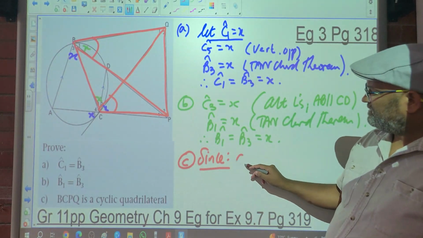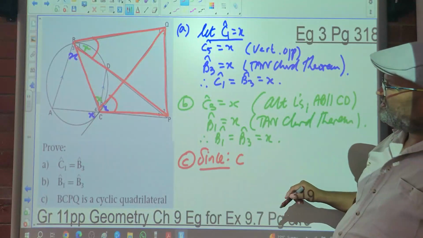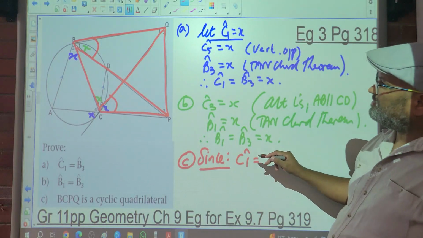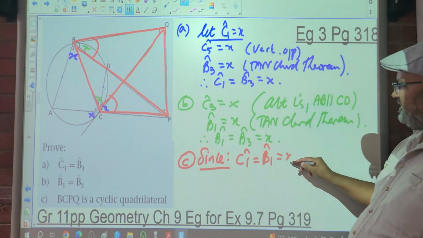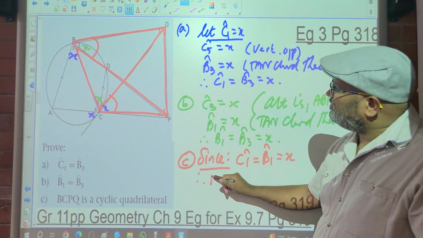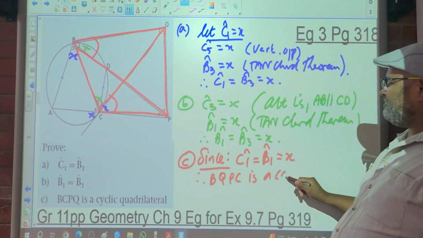C. What is this? C1 or C5? C1 is equal to B1, which is equal to x. Therefore, BQPC is a cyclic quad. Why?